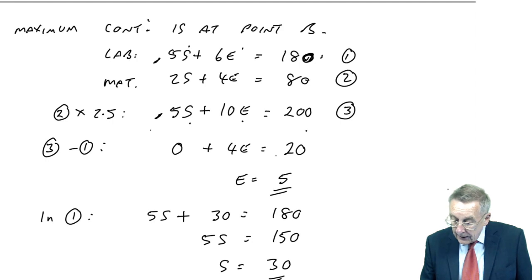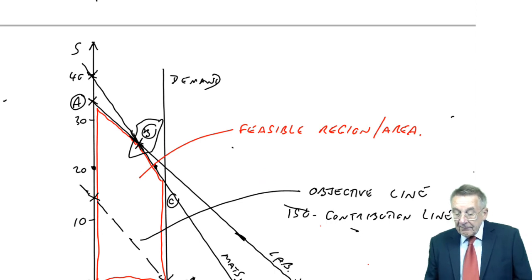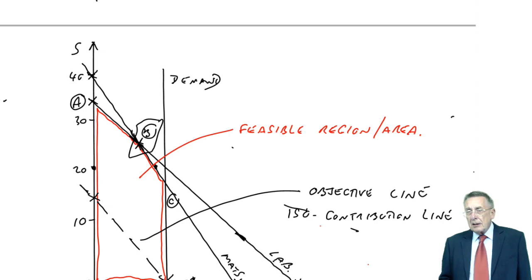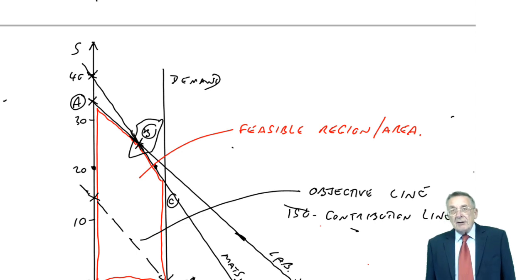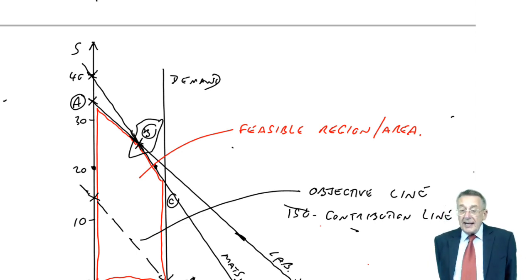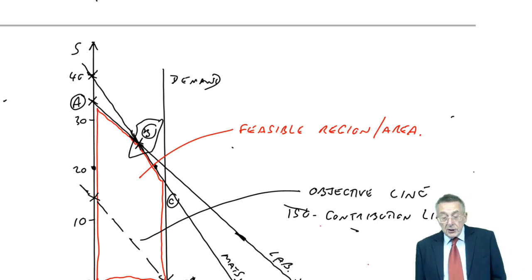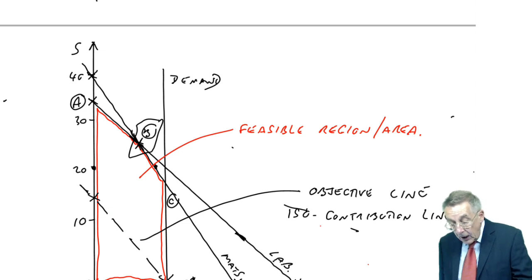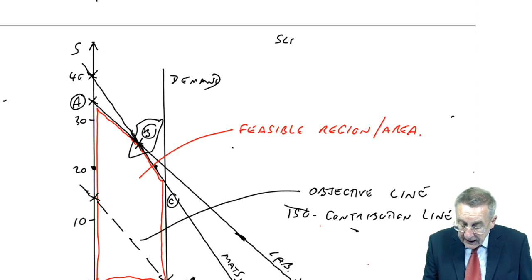Well, remember, our maximum occurred at point B. And I should hardly need to ask, and you can't answer me directly, obviously, but at point B, first of all, materials. Are we using all 80 kilos or aren't we? Well, if you've understood anything of what I said, you should know the answer immediately. Yes, we are using 80 kilos because our answer is on the materials line. And so I'll write it here rather than keep winding up and down.